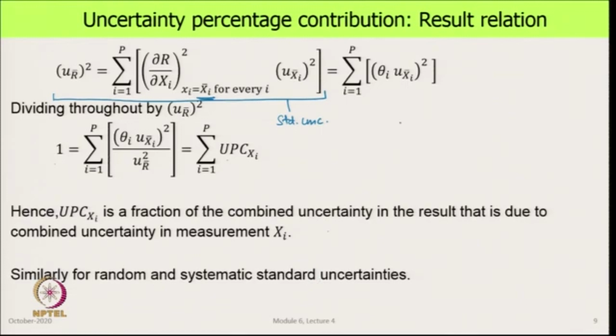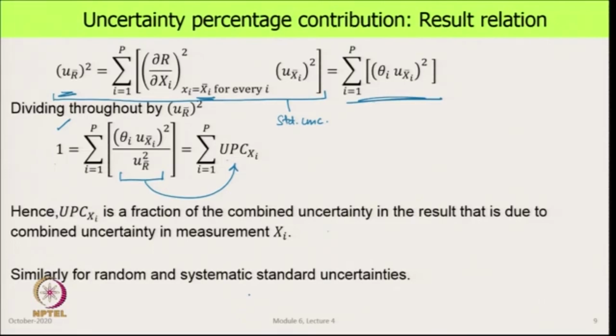Now, what we do is we take this relation, this part of the relation and this part of the relation, and divide throughout by u_r bar squared. So, the left side becomes 1, which is what we have here, and u_r bar goes into the denominator of this term, and you have theta_i u_xi bar squared upon u_r bar squared. And this is nothing but, as we saw a few minutes back, the UPC of xi.